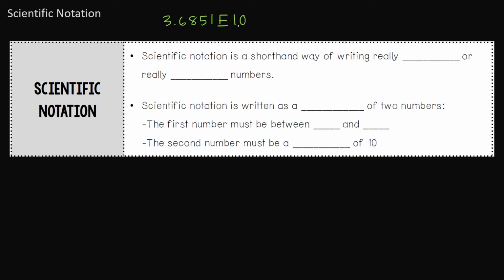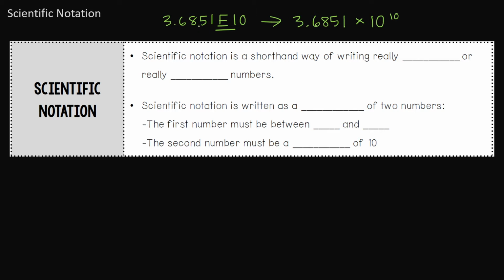This E stands for times 10. So if I rewrote this in the way we use scientific notation, it would look something like this. 3.6851 times 10 to the 10 power, or to the 10 exponent.